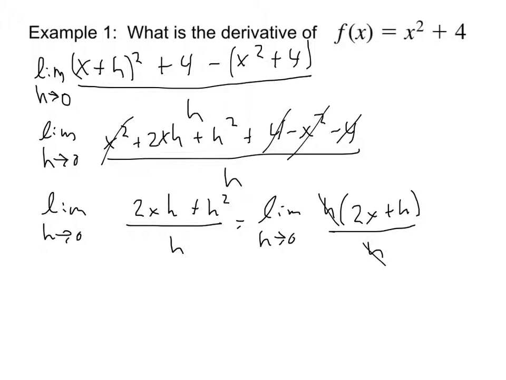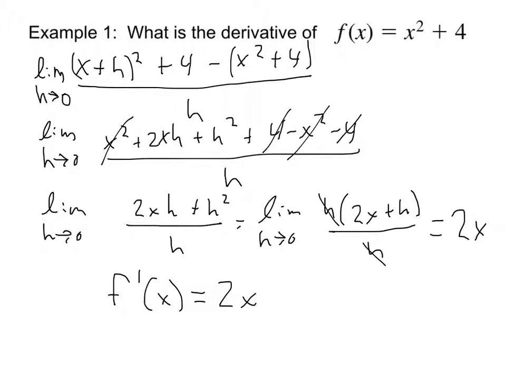Our h's cancel. I can now do the limit as h goes to 0 by substituting in the 0 for h, now that we don't have a 0 in the denominator. So this equals 2x. So f prime of x, the slope function of f, is equal to 2x.